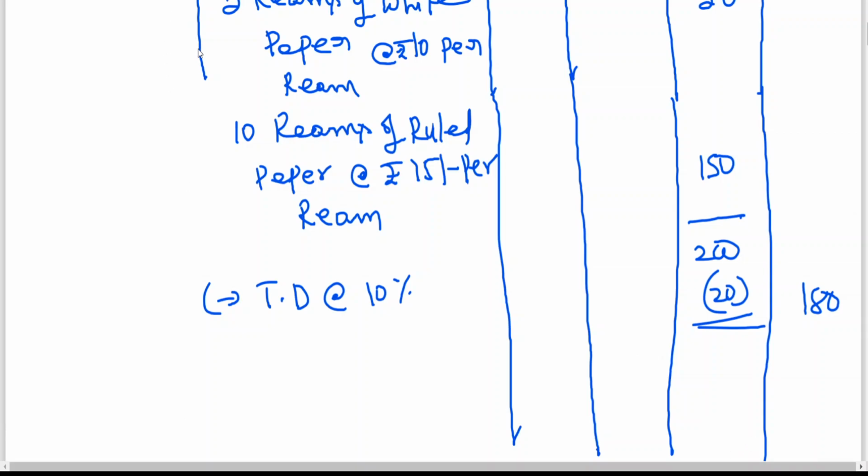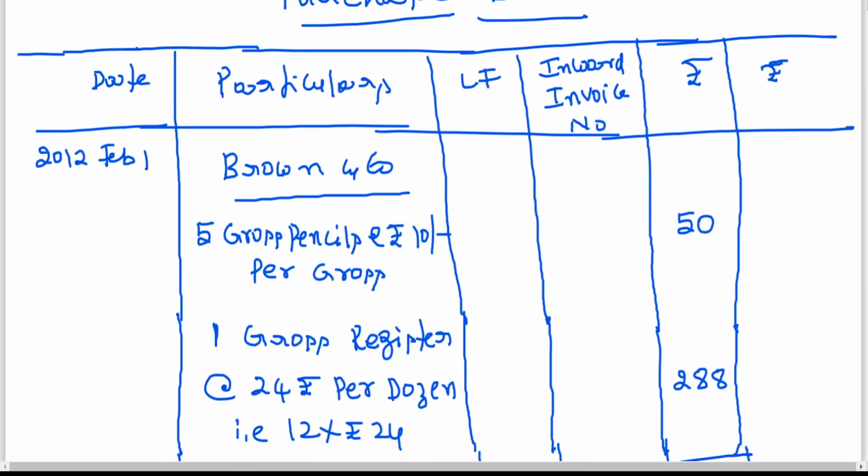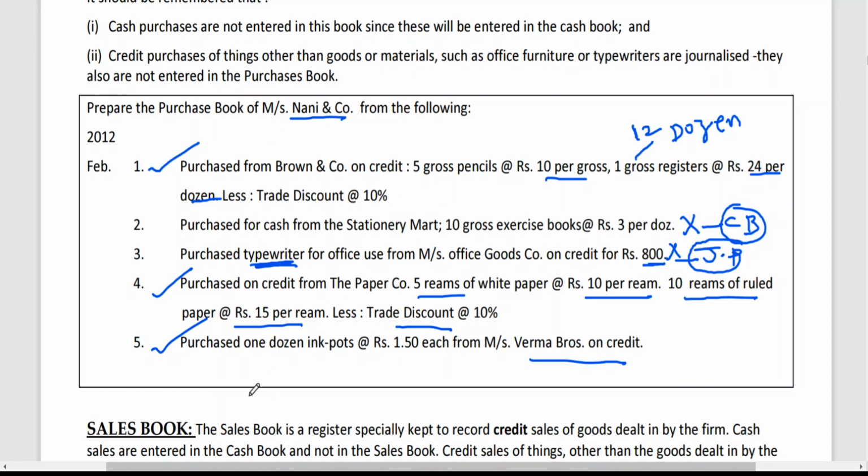The next one. Purchase 1 dozen ink pots at 1 rupee 50 each, 1 rupee 50 NP per ink pot, from Messrs Verma Brothers on credit.